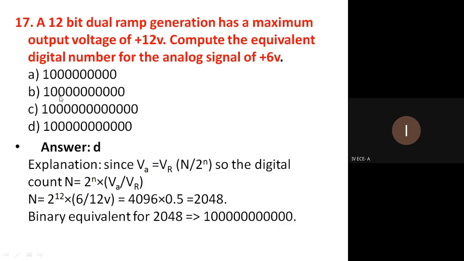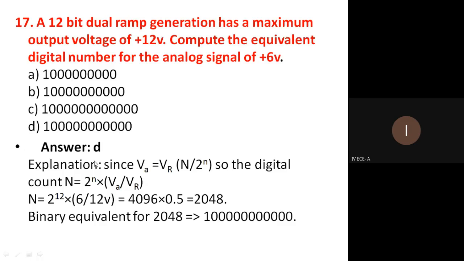B: 1, 0, 0, 0, 0, 0, 0, 0, 0, 0, 0. Then C: 1, 0, 0, 0, 0, 0, 0, 0, 0, 0, then again 0, 0, 0. Then another option, D: 1, 0, 0, 0, 0, 0, 0, 0, 0, 0, 0, 0.